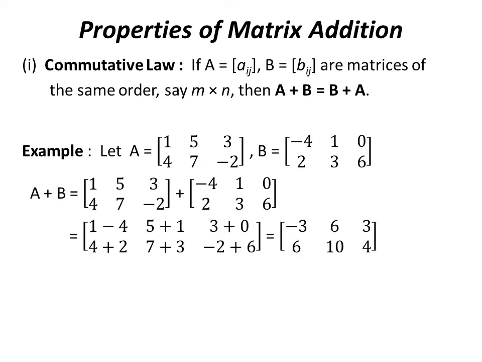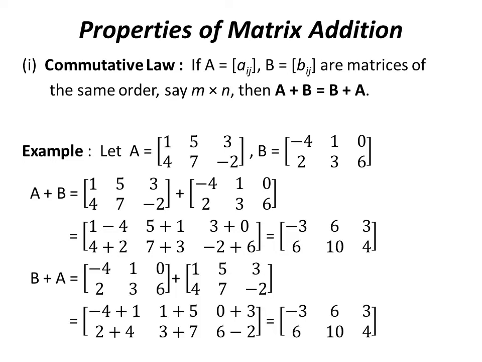For A plus B, first we write matrix A, then matrix B. Now add the corresponding elements of matrix A and matrix B. We get a new matrix with elements -3, 6, 3 in the first row and 6, 10, 4 in the second row.